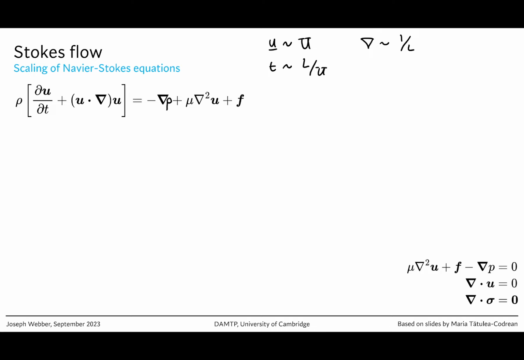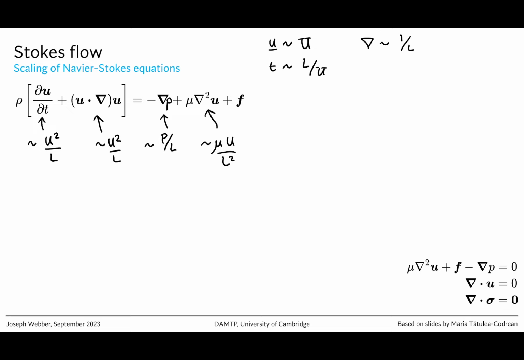Okay, so how do these different terms in this equation scale? Well, this here scales like U squared over L, because it's U over t, which is just U squared over L. This here is also U squared over L. This term here, we don't quite know how pressure scales, so this is just going to scale like p over L, whereas this term here scales like mu U over L squared, and again we don't know how force scales.